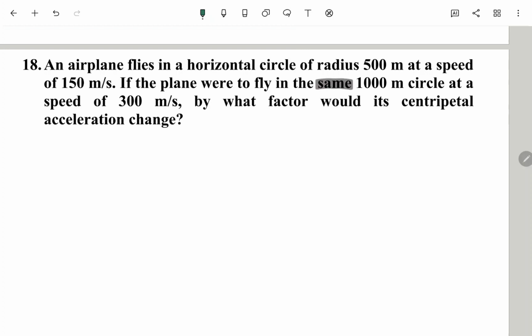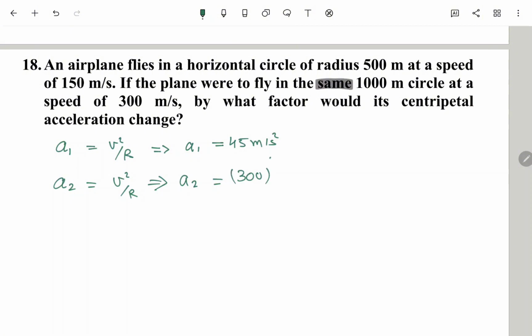Let's do the calculations. A1 in this case is v squared over r, and we just calculated this one in the previous example. It's 45 meters per second squared. A2 equals v squared over r. In other words, a2 is equal to 300 squared over 1000, or a2 equals 90 meters per second squared.